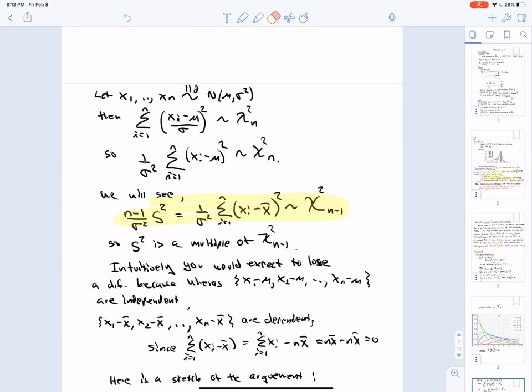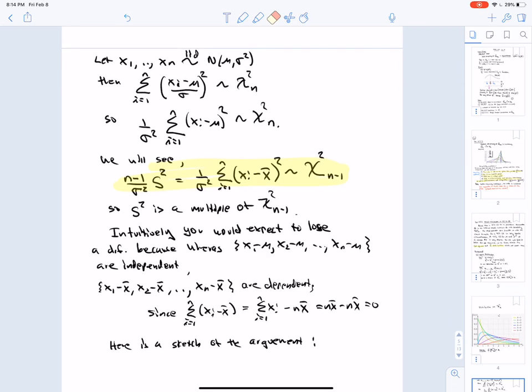Now an important thing is that (n minus 1) over sigma squared times s squared, where s squared is the sample variance, is a chi-squared with n minus 1 degrees of freedom.